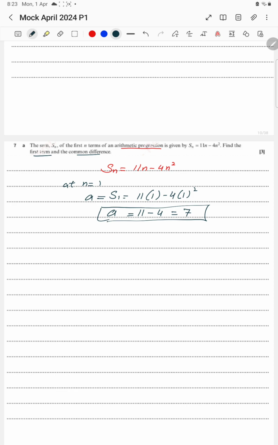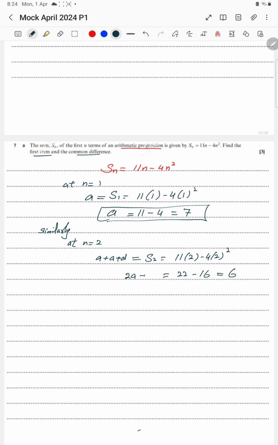Similarly, at n is equal to 2, the sum of first two terms, that is s2, that is 11 into 2 minus 4 into 2 square, 22 minus 16, that gives you 6.